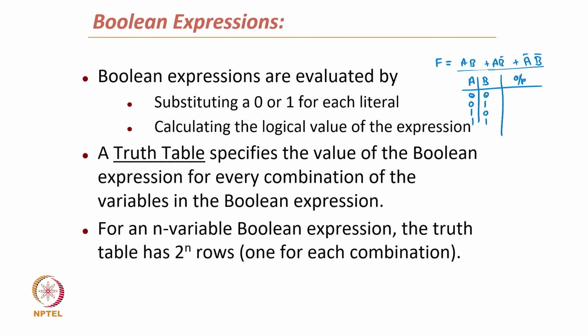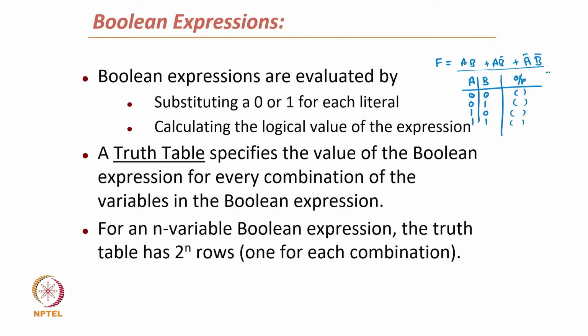Let us say for 0 0 we want to calculate the value, that will come here. For 0 1, A is 0, B is 1, then that value will come here, here, here, and this is how we calculate the Boolean expression. The truth table specifies the value of the Boolean expression for every combination.